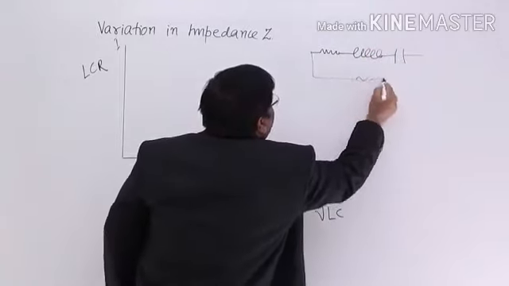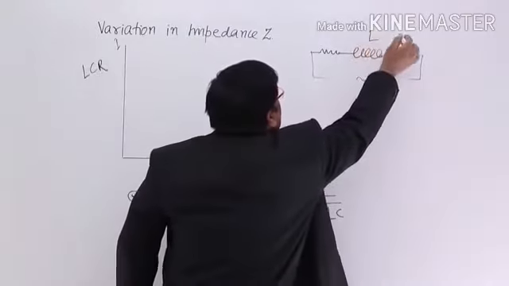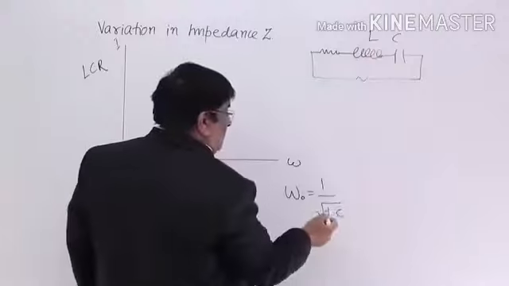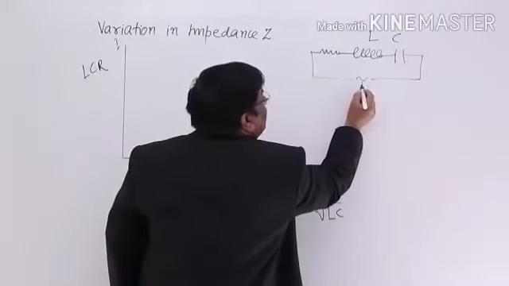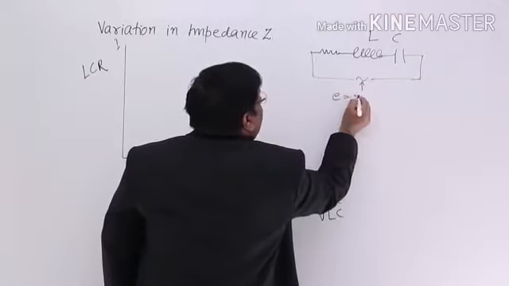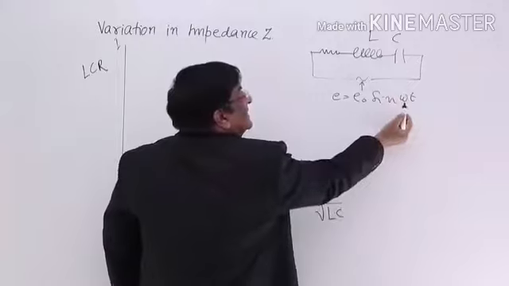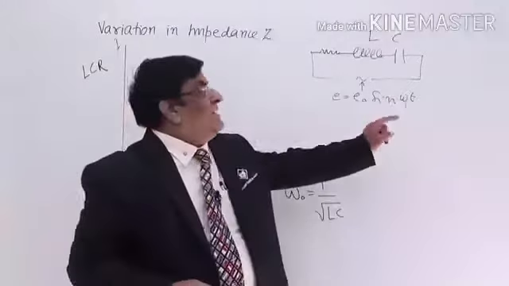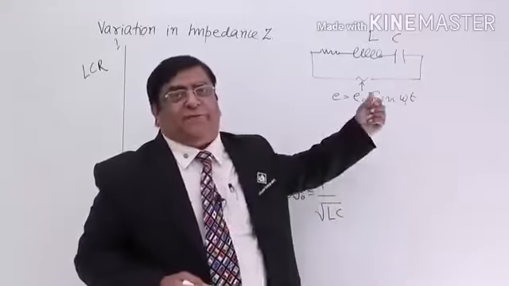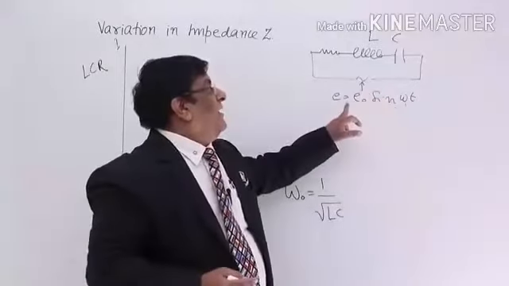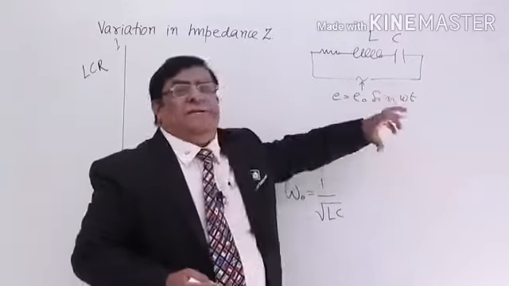According to this, we have reached a certain value, 1 upon root LC, that gives us the natural frequency of this circuit. And here we are applying E equal to E naught sine omega t. It is not necessary that this is the natural frequency. This is the frequency whatever is given by the supplier of the EMF or the supplier of the AC. So this we can keep on changing.